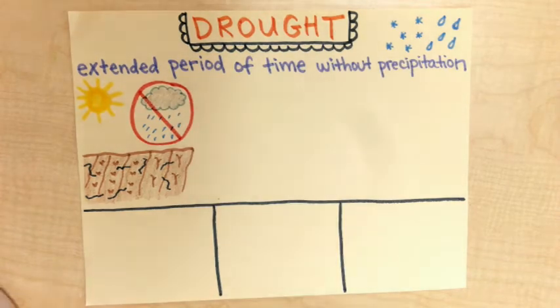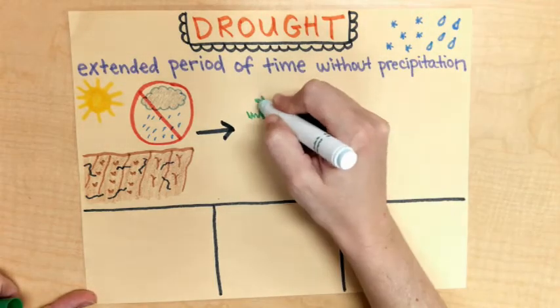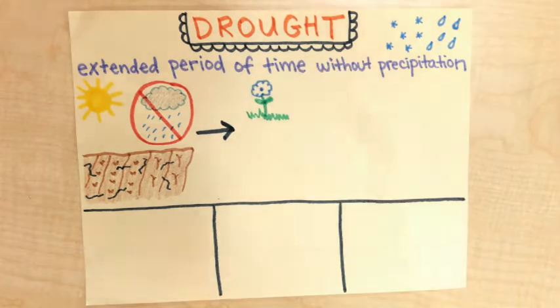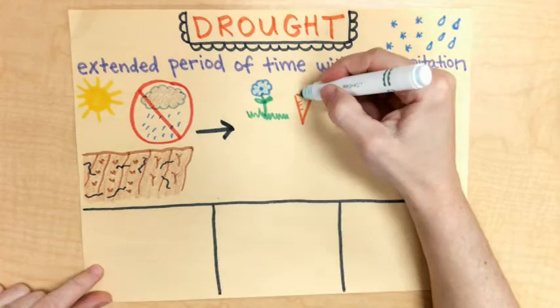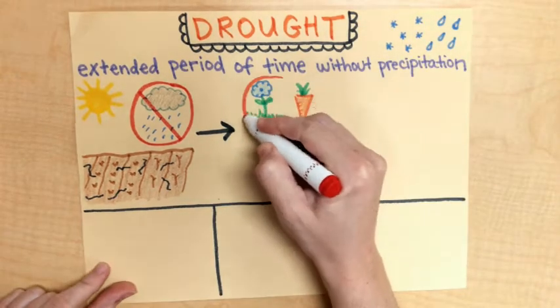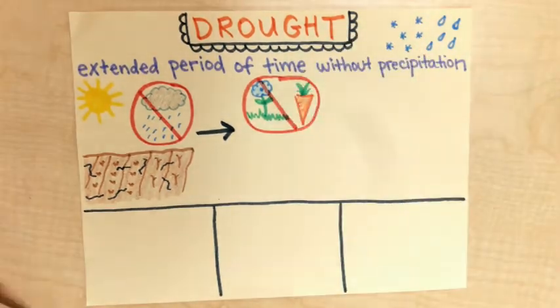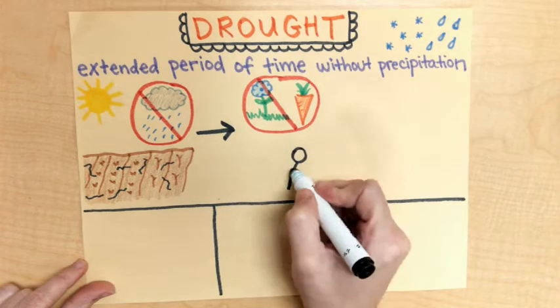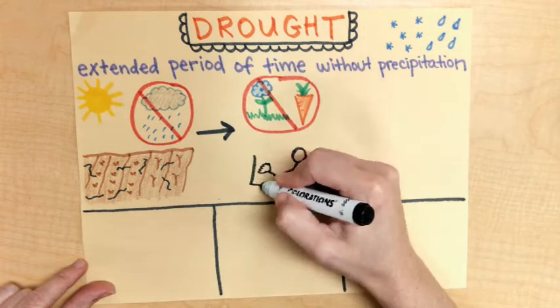So, one big thing is during a drought, there are not going to be a right amount of plant life having the ability to continue growing, because one of the basic needs for plants is water.